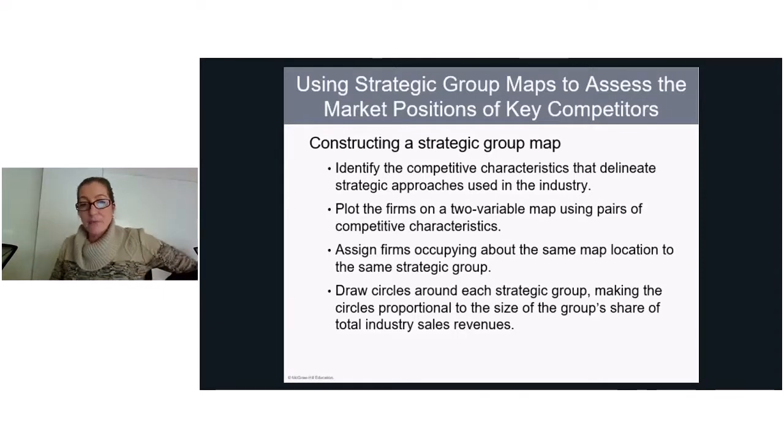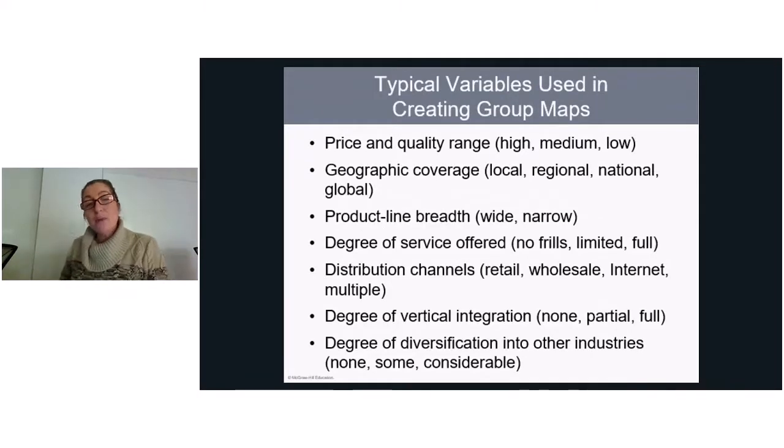We identify the competitive characteristics that delineate strategic approaches in the industry, and then we plot on a 2-axis map so that we see who is positioned where. That helps us to see where the gaps are in the market and where we may want to reposition to.